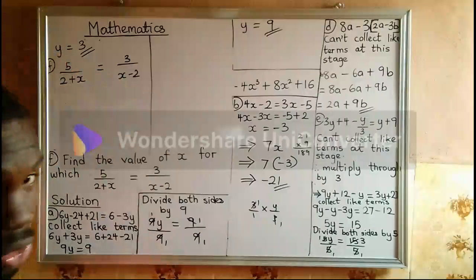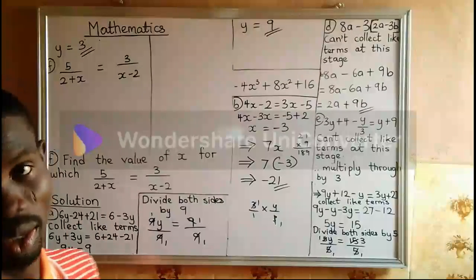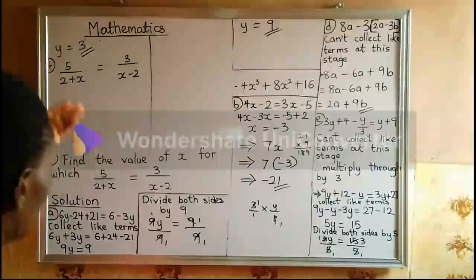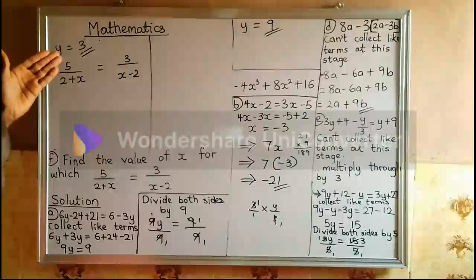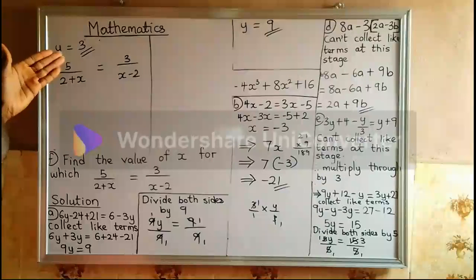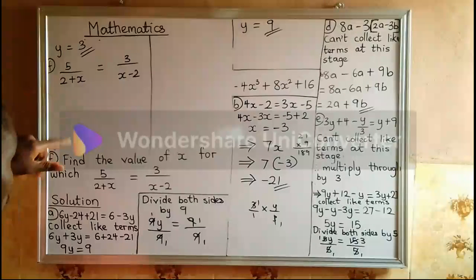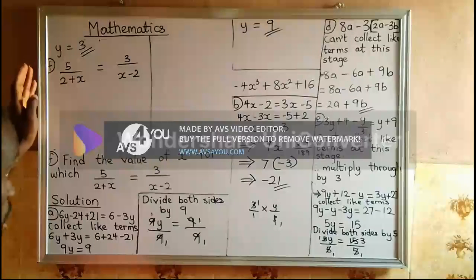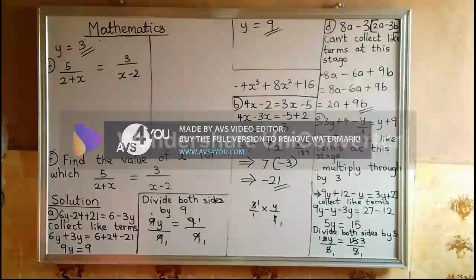So in this equation we could see that we can't apply that principle. The term that has what we are looking for, which is x, is not on one side and the other on the other side. So we can't apply dividing both sides by anything here.